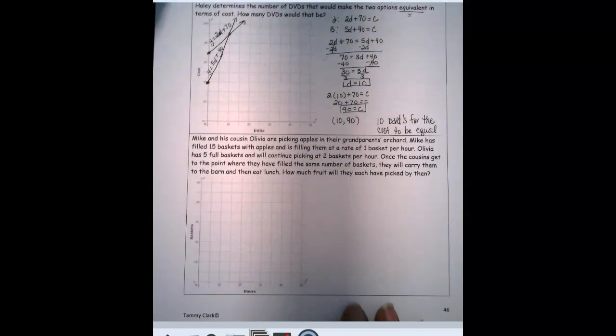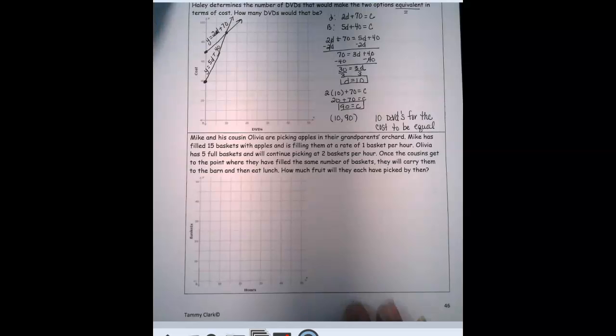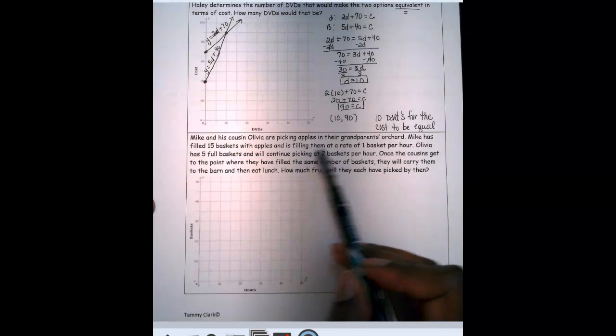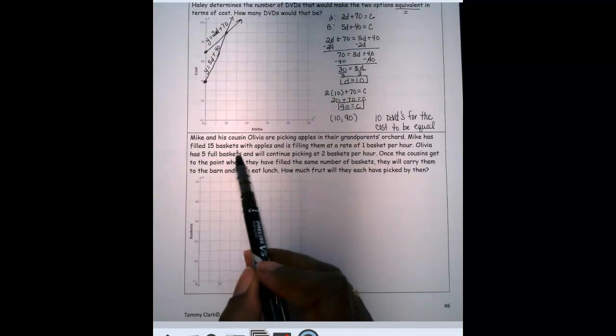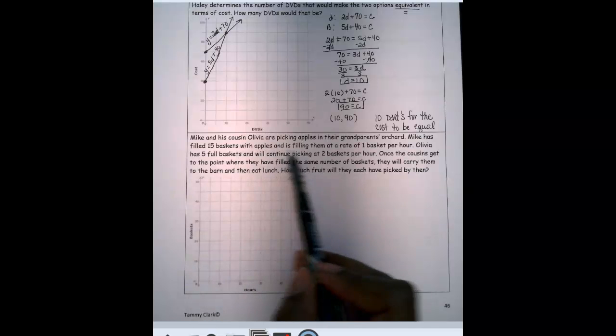Now let's go ahead and take a look at our second situation here. We've got Mike and his cousin Olivia picking apples in their grandparents' orchard. So we've got Mike and we've got Olivia. Mike has filled 15 baskets with apples and is filling them at a rate of 1 basket per hour.